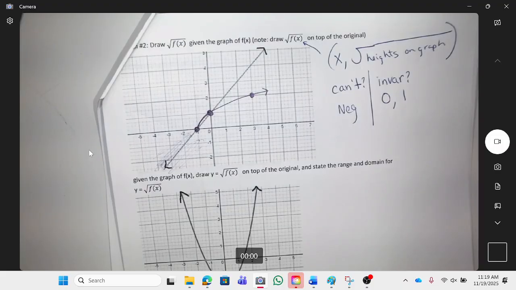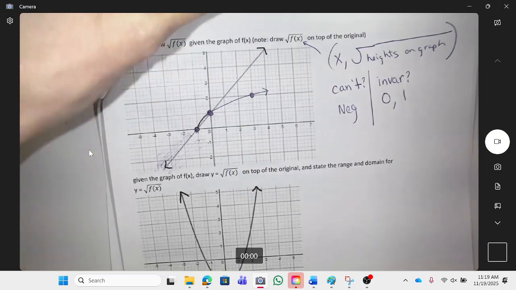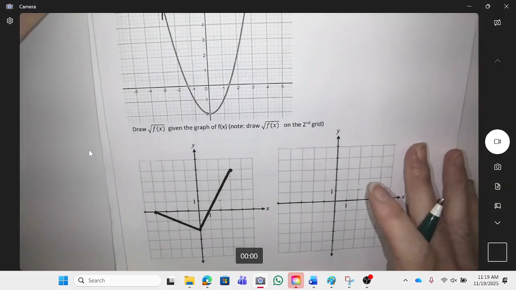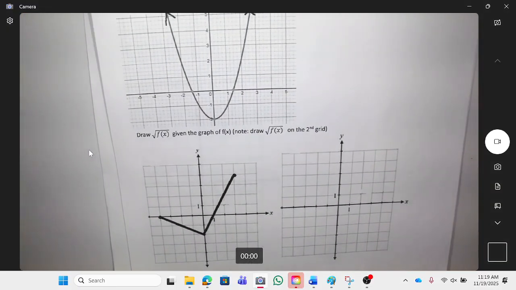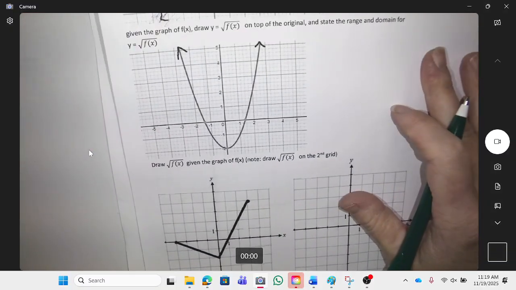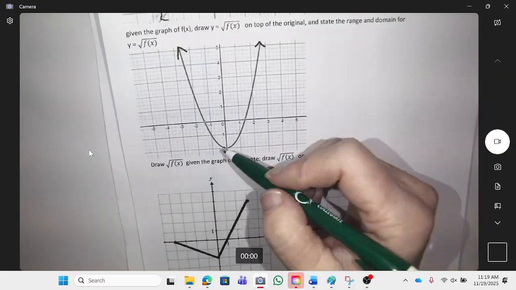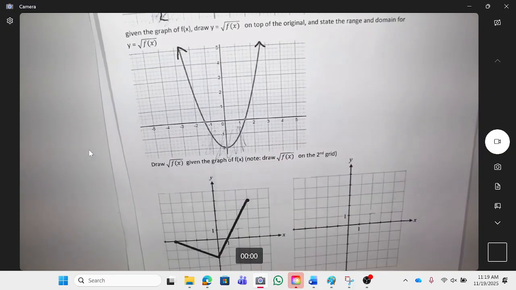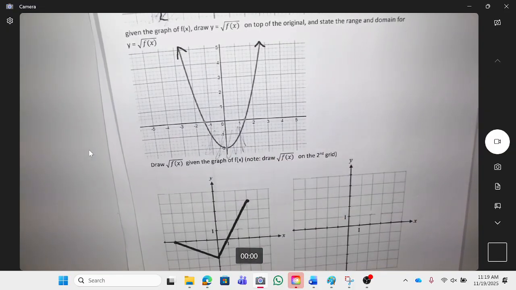Can you answer domain and range questions when I ask you about this kind of stuff? Okay? In our domain, we couldn't go past -1 anymore, right? All right. So here we go. Where can I not do anything? Like all this stuff here, can't do anything there. Can't square root those points. What's invariant?